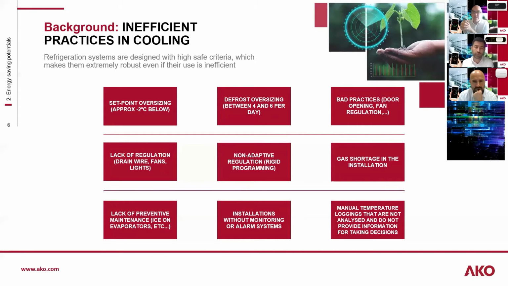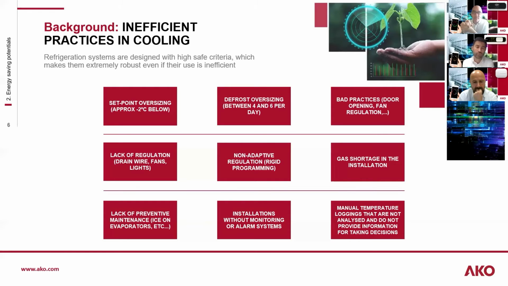The same thing applies with the defrost. We are applying between 4 and 6 defrosts per day because it's just a practice in the market. And of course, if we talk about door opening or fan regulation, this is a big problem in the market, with very big openings of the doors without any control.